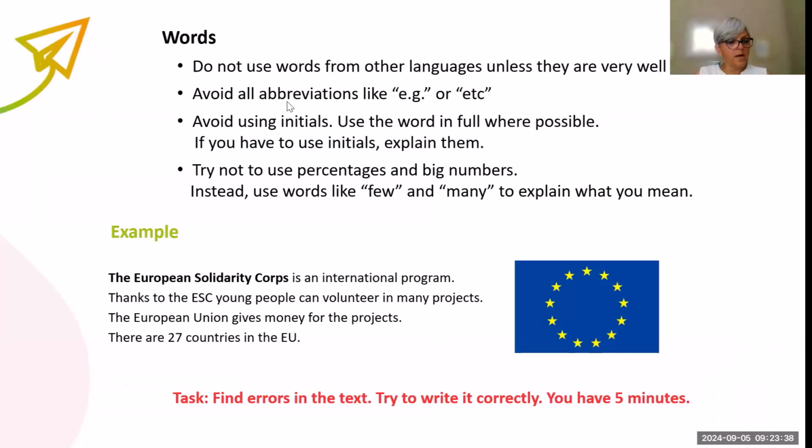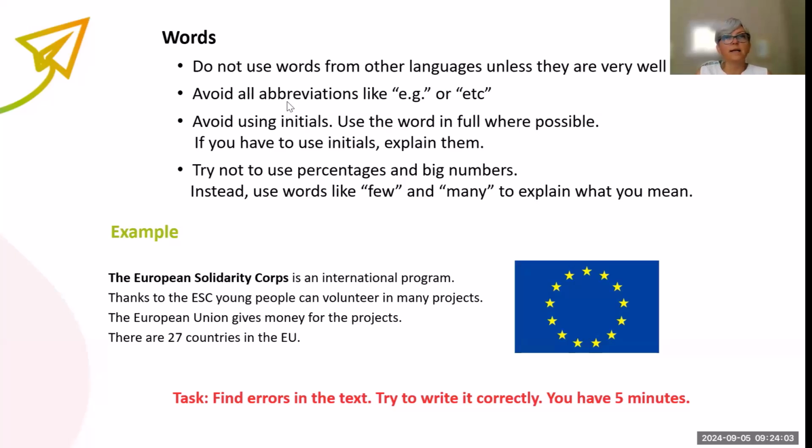It is also very important not to use phrases or words of vocabulary from other languages unless they are well known and recognized by people and used by people with intellectual disability or people that are your target group.